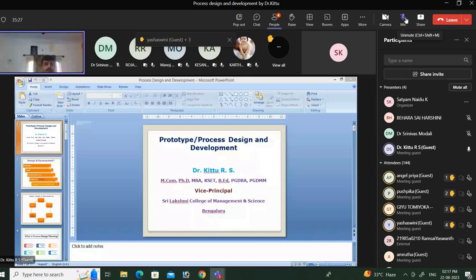Number one, the first objective of the process design is to prioritize better outcomes. Please observe here. You make sure of the priorities, the preferences for better outcomes.